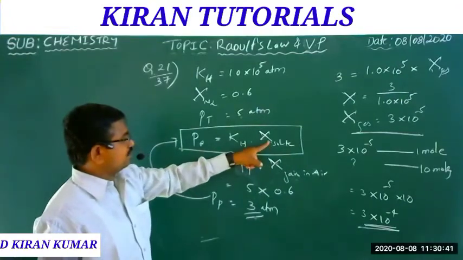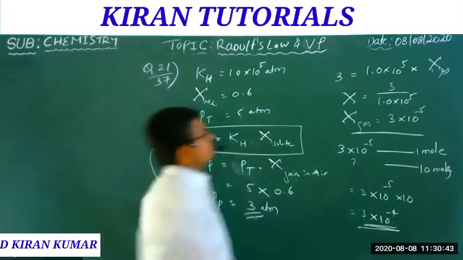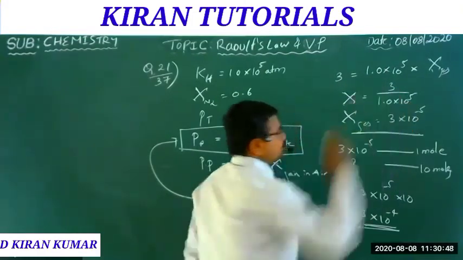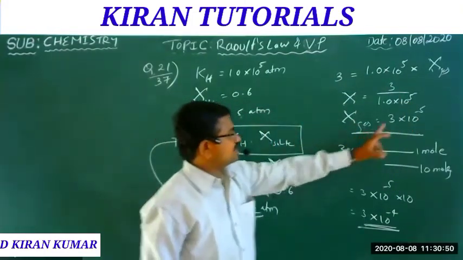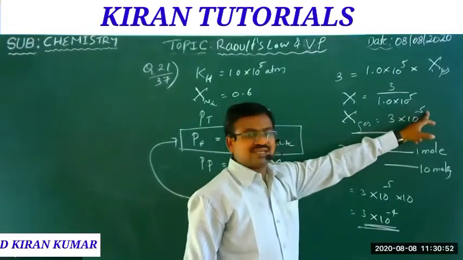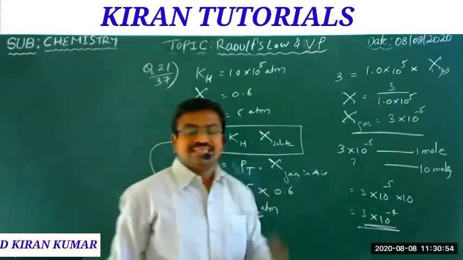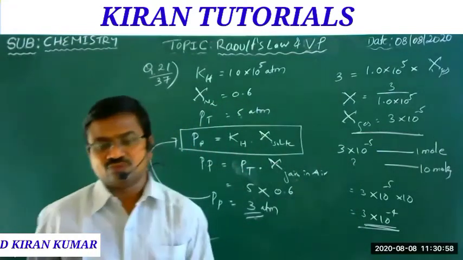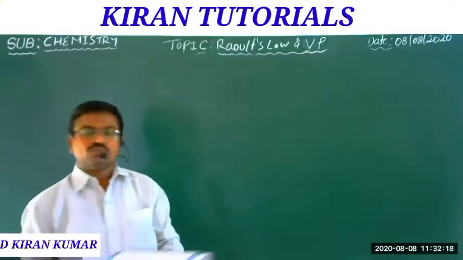We have to calculate mole fraction of a solute here. So 3 by 1.0 into 10 power 5. Mole fraction of gas is 3 into 10 power minus 5. That contains 1 mole. Then 10 moles are present. Clear? Then question number 22.